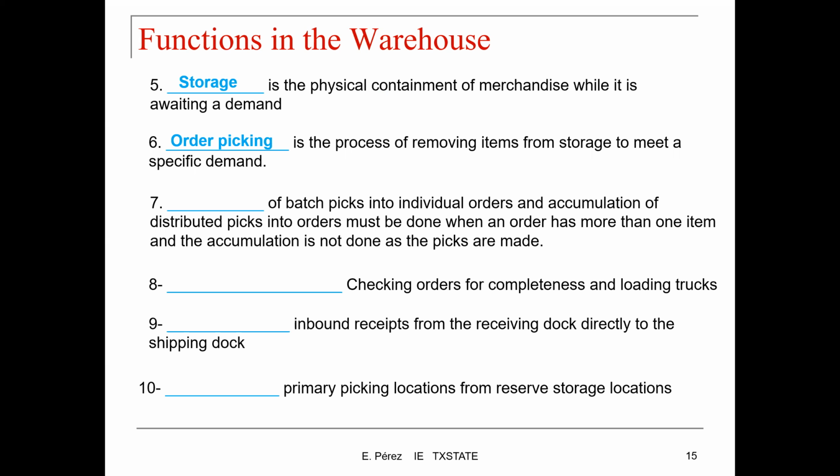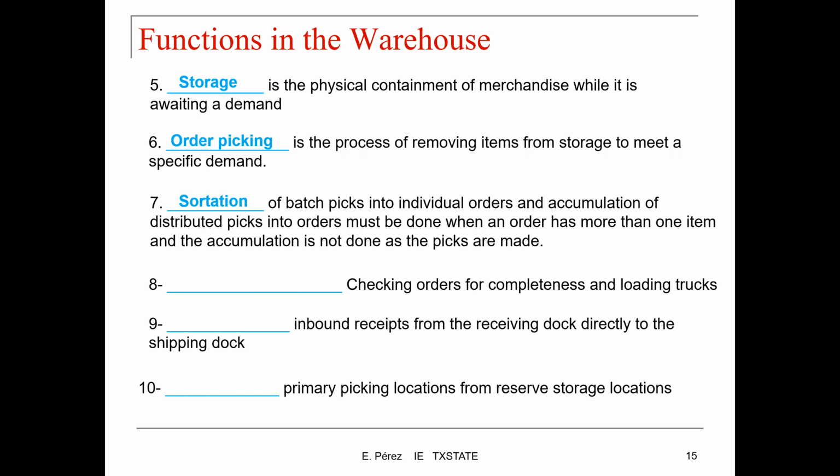I need this many boxes. So they will go and do the order picking for the supermarket, and they will put together all these pallets with all the items that are needed by the supermarket, and then they will ship those. So the order picking is not only for a customer, but it could also be for a facility.